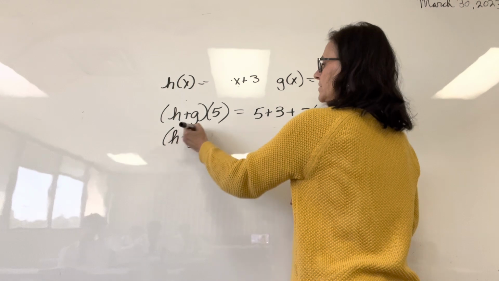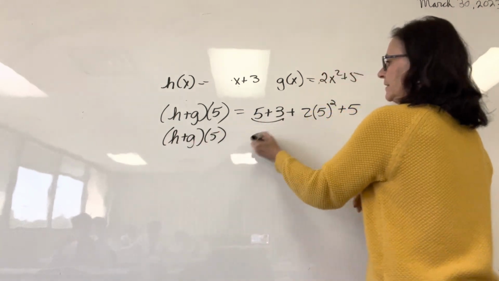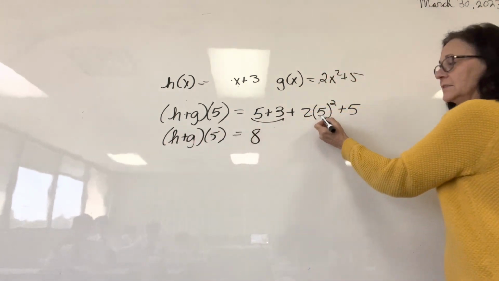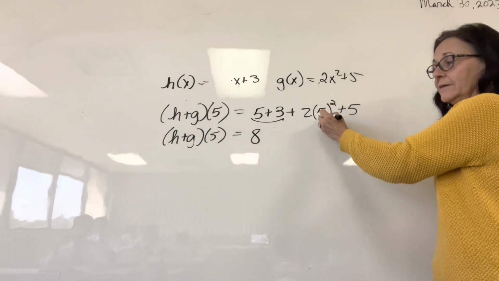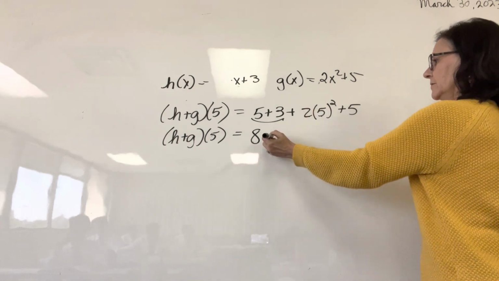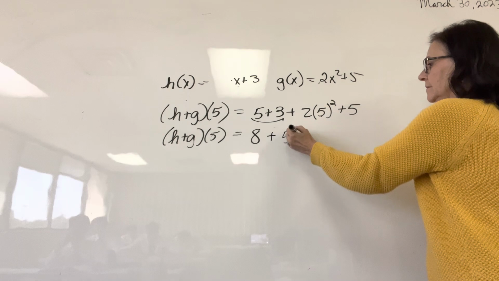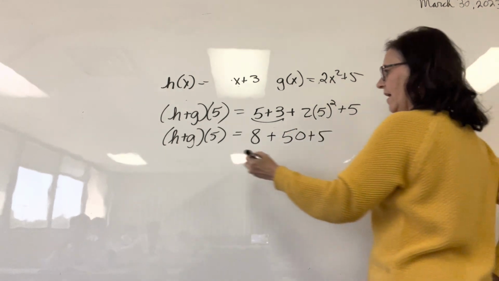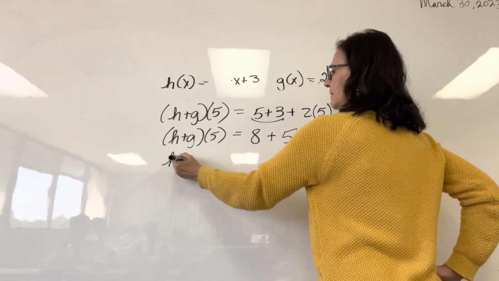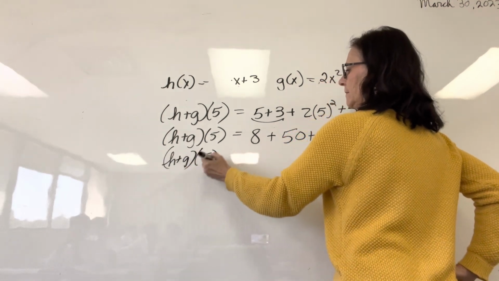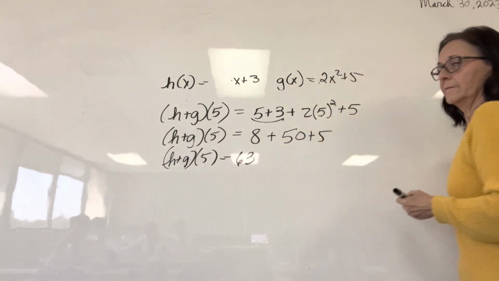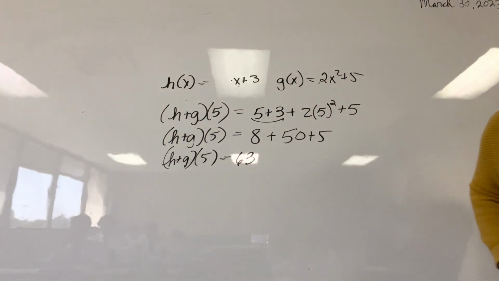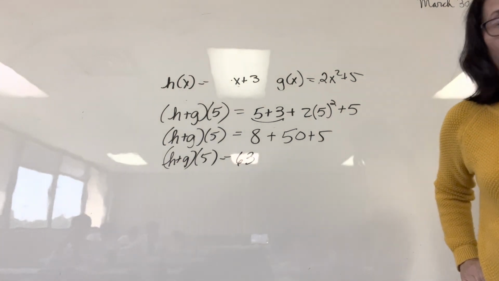So h plus g of 5, that's 8 plus 5 squared, which is 25, times 2. What's 8 plus 50 plus 5? 63. I want you to do these as all reals.